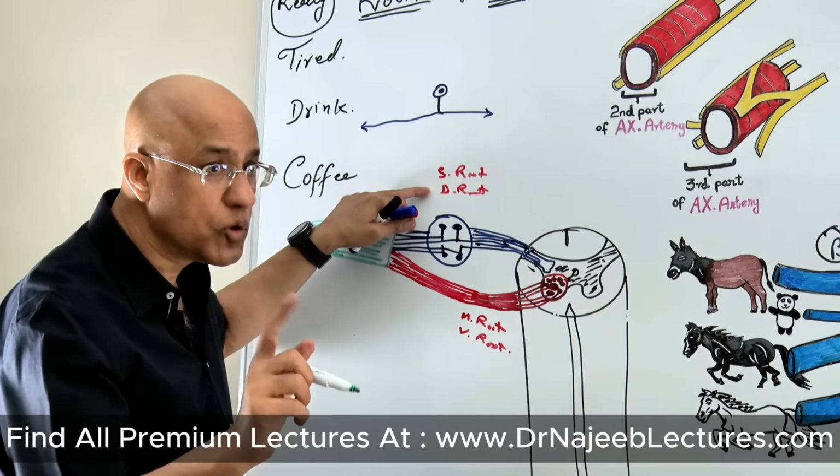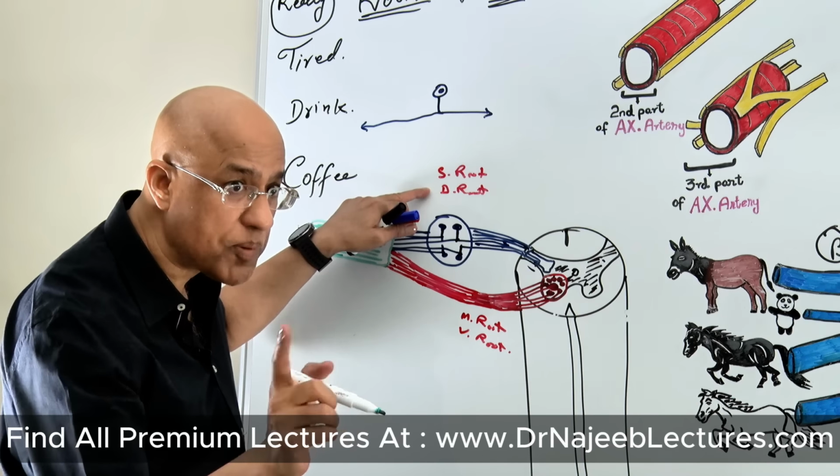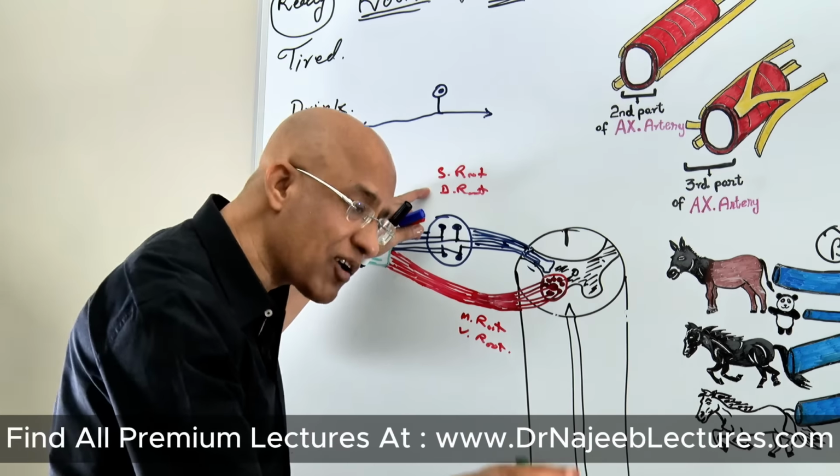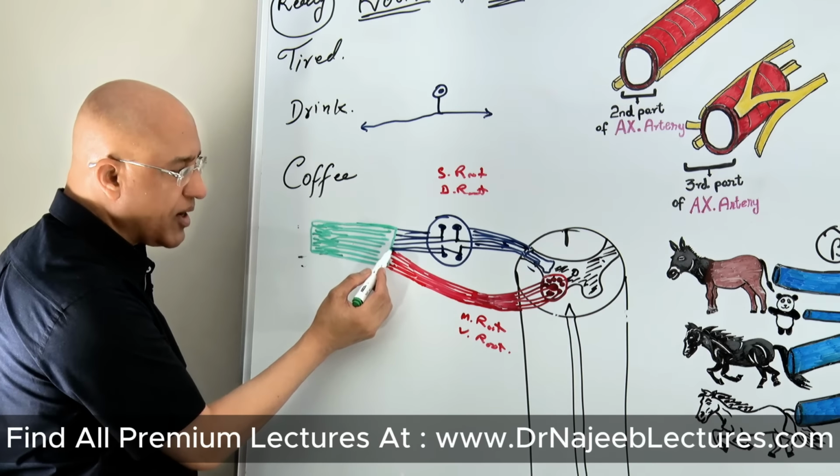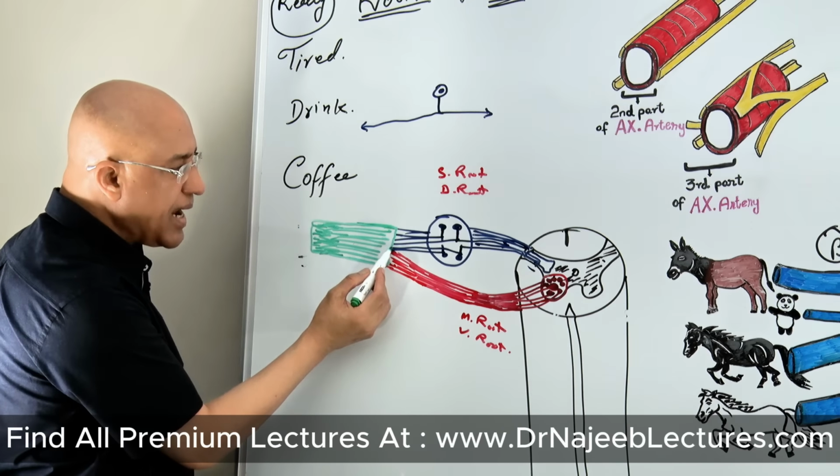Root of what? Not root of brachial plexus, root of spinal cord. So they exit and move laterally, and then they fuse with each other, right? And they make a neuronal segment having mixed fibers. Now this neuronal segment is basically your proper spinal nerve.